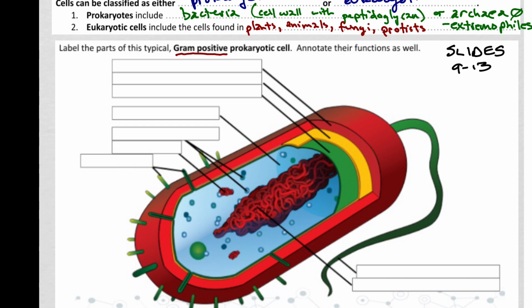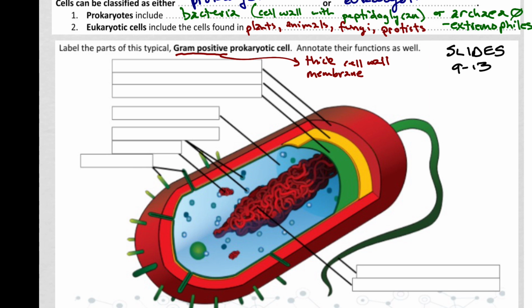A gram-positive prokaryotic cell has a thick cell wall all along the outside, followed by a membrane underneath it.